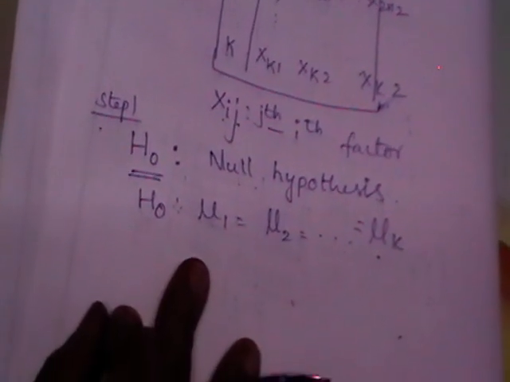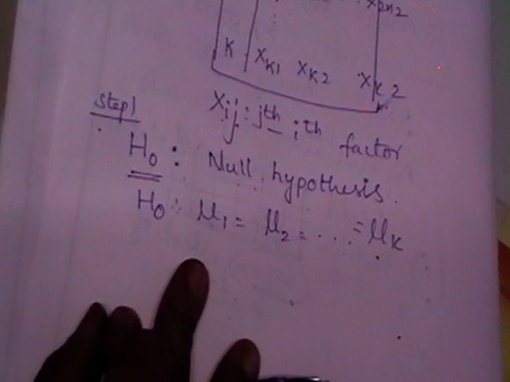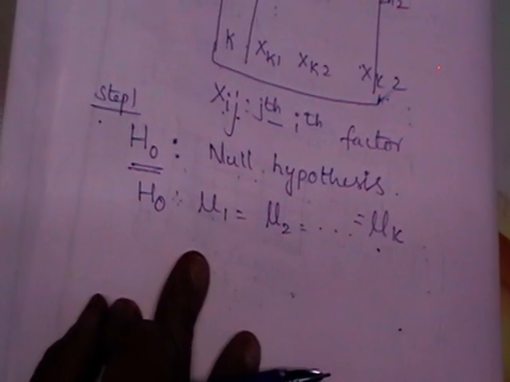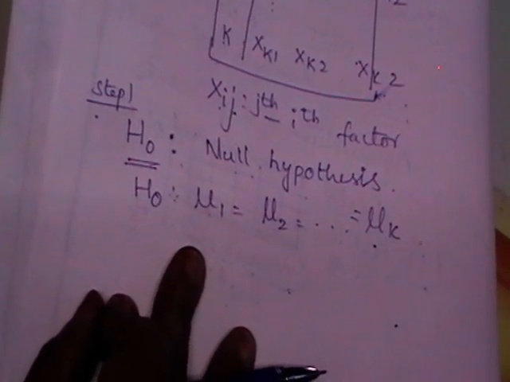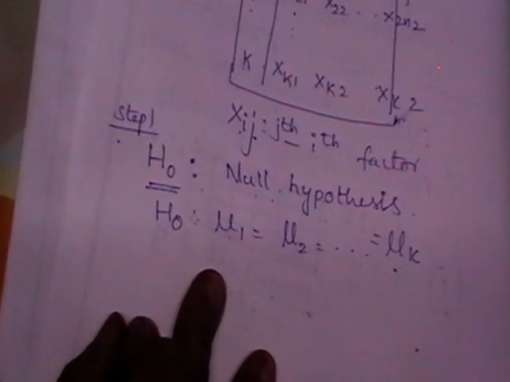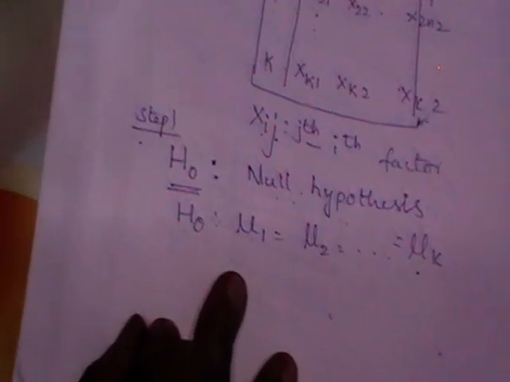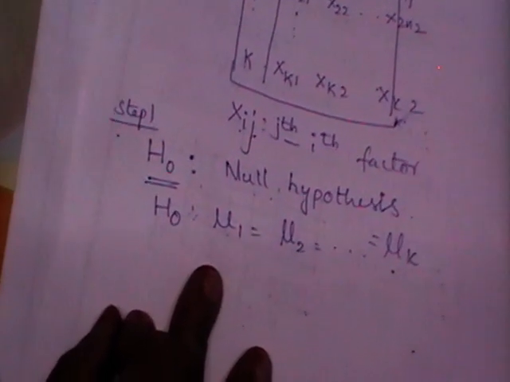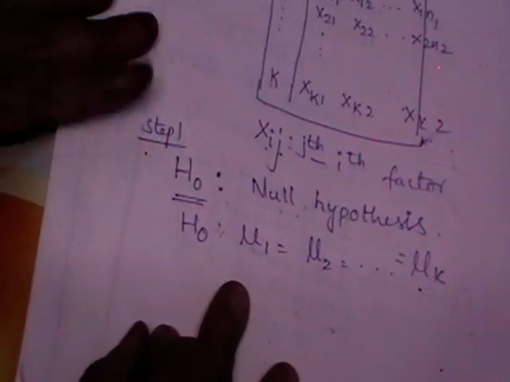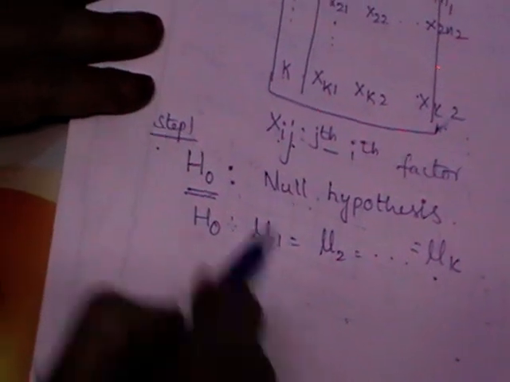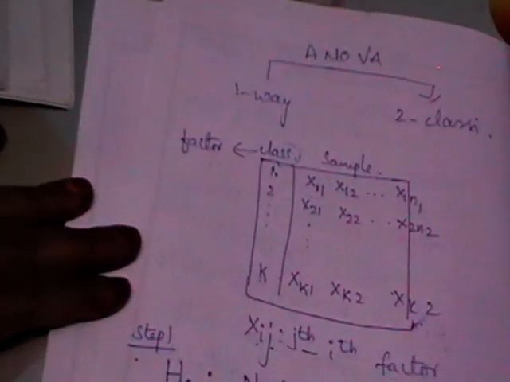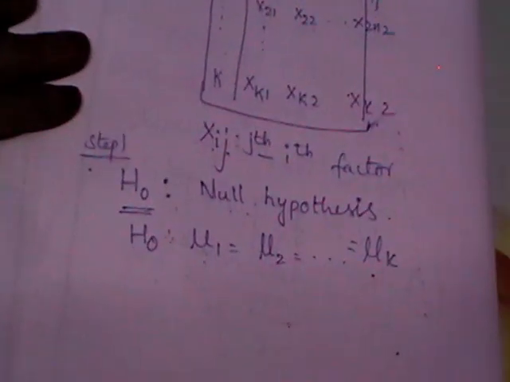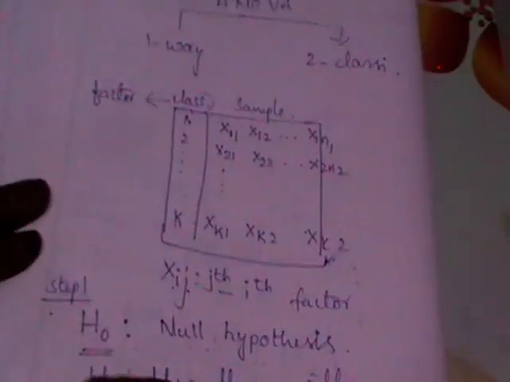We say that the mean effects of all the fertilizers are the same, and the mean we indicate with mu. So if there are 5 fertilizers, we write mu1 equals mu2 equals up to mu5. It is a generalized case with k factors. So we write the null hypothesis as the mean effects of all the k factors are the same, that is H0: mu1 = mu2 = ... = mu k.